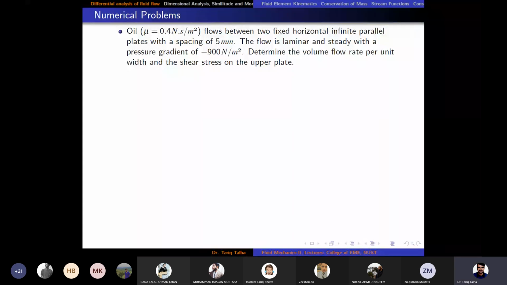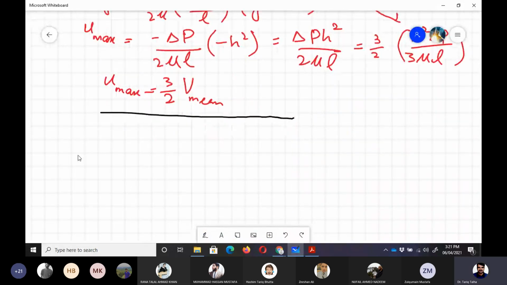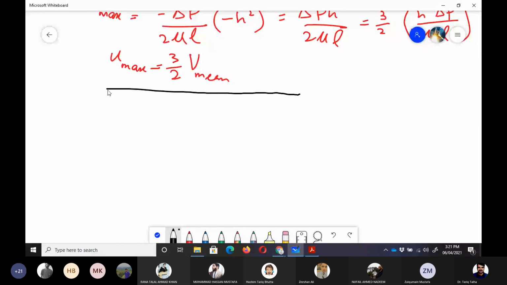Now we need to calculate these two things. The one is the volumetric flow rate, and the other is the shear stress. So let's do this problem on the whiteboard. First of all, we have been given that the gap between those two plates is 5 mm.